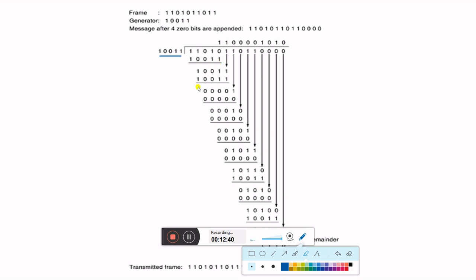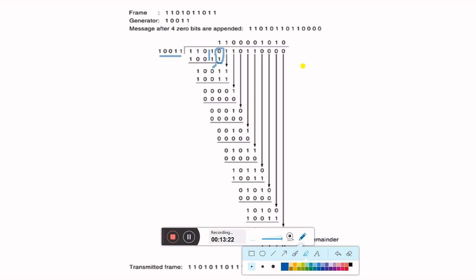XOR operation. In XOR operation, if there are two different bits, the result will be 1. If bits are the same, the value will be 0. So 0 0, same bits, 0; 1 0, different bits, 1. This is the property of the XOR operation, and in CRC we use modulo 2 operation, with the help of which we use XOR operation.